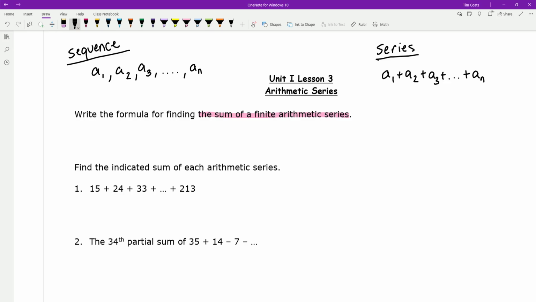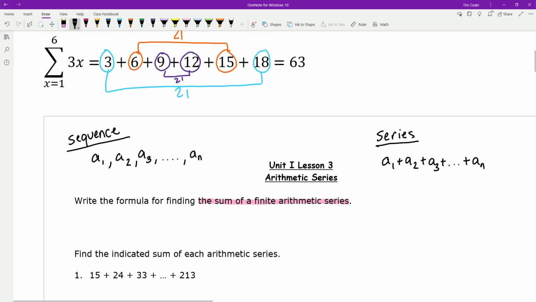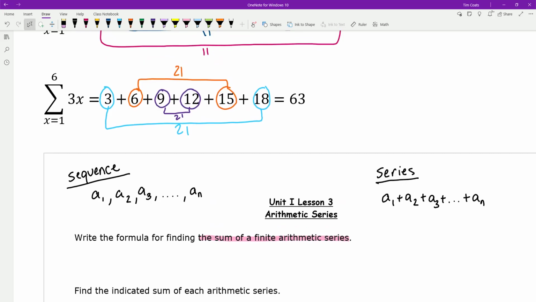And so if we have that difference known, now we can look back at our pattern that we just talked about. If I take the first and the last number and add those together, I'm going to multiply that sum by the number of terms divided by 2.